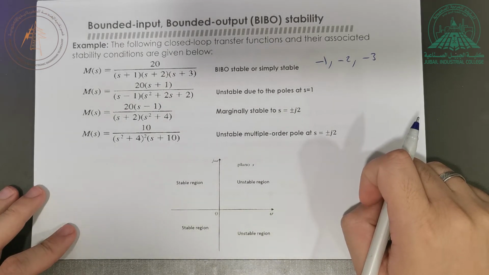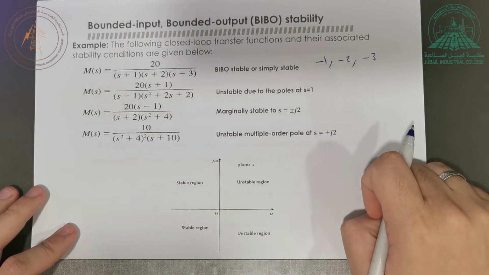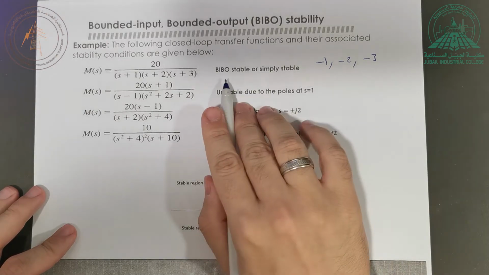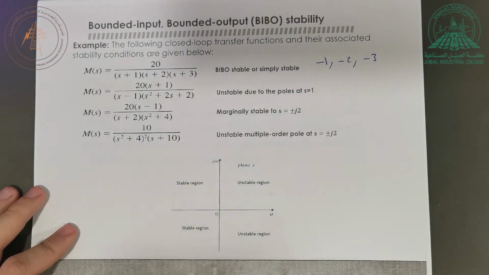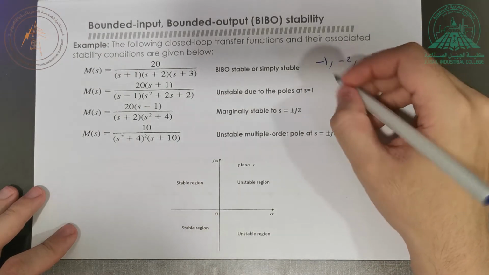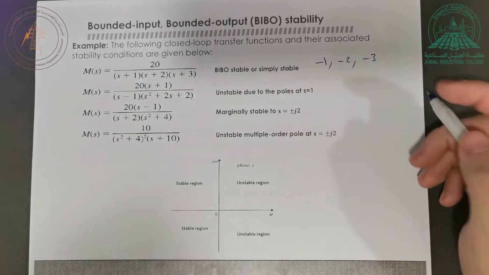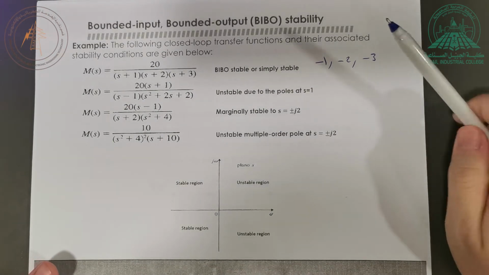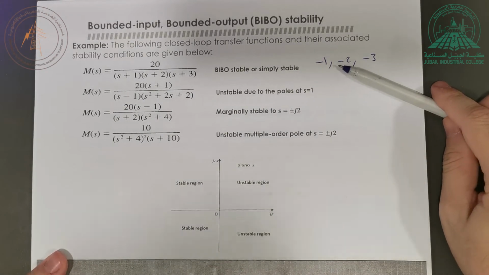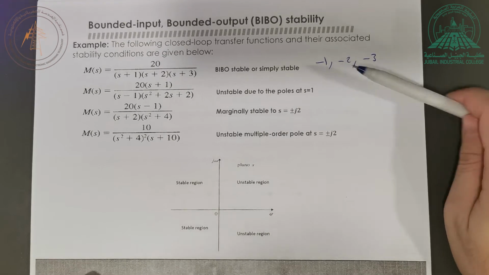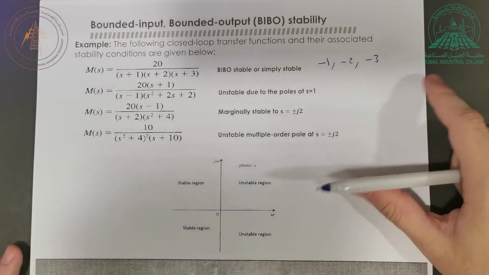So the system is going to be BIBO stable. We can just say stable. And it does not have oscillations. Why? Because I don't have a j omega component here. Omega equal to 0 means there are no oscillations.